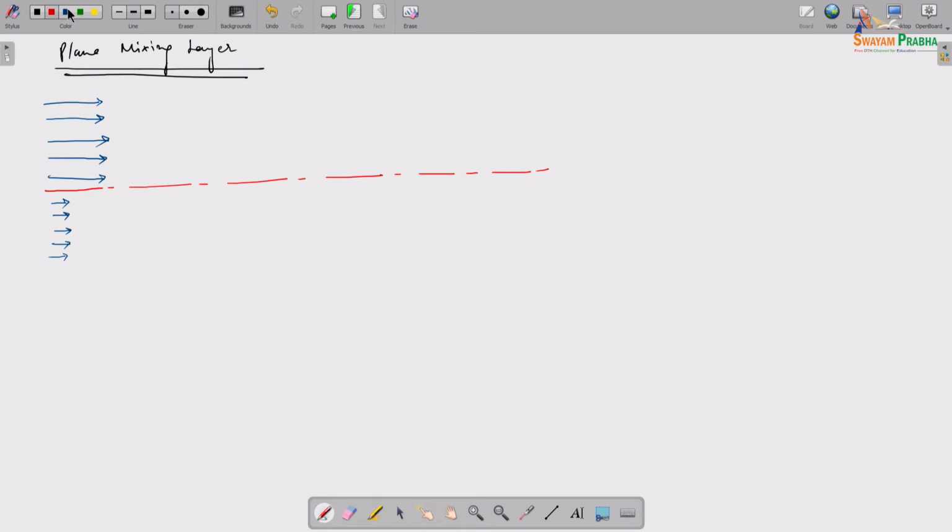Let's just say that this velocity is UH and this velocity is U1.